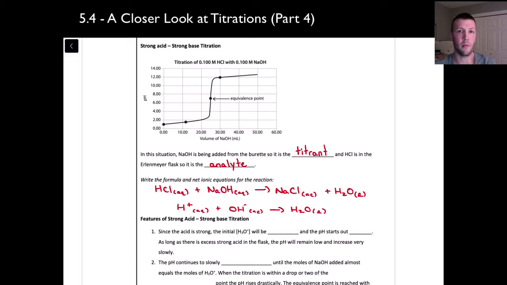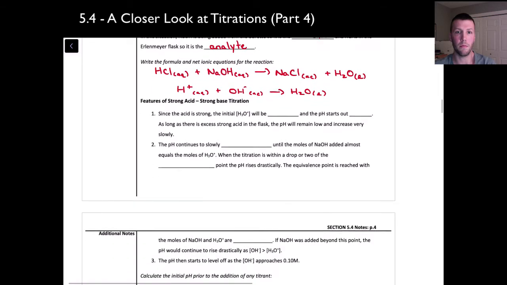Notice that the sodium ions and the chloride ions are spectators in this situation.